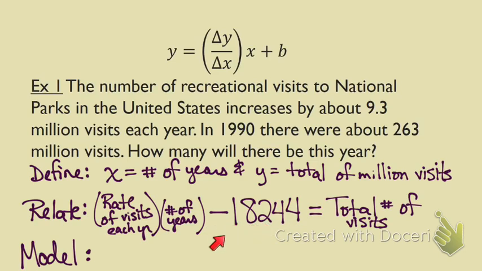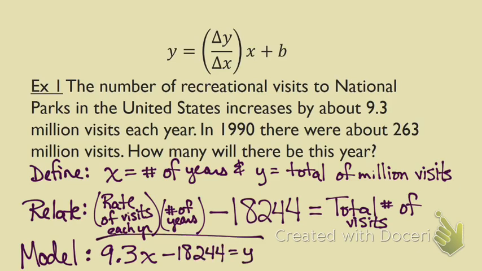I say base, but there's going to be some sort of number that we're going to have to discover today. So the model, let's put in our variables. 9.3 x minus 18,244 equals y. So now we can clearly see our variables mean number of years, total number of visits.